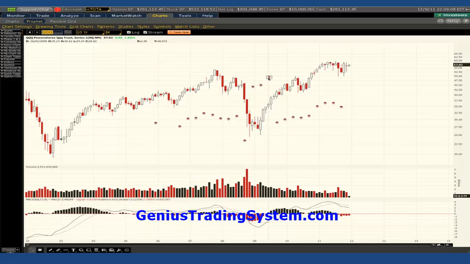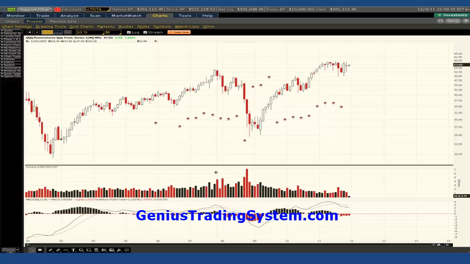Now, in the case of the Qs, there's a couple of clues that gave us an idea that the market was going to start dropping in 2007. Right after this monthly bar was created in October, we had the November bar in 2007, which turns out to be a red candlestick bar, indicating that the market had declined and the volume was up significantly.